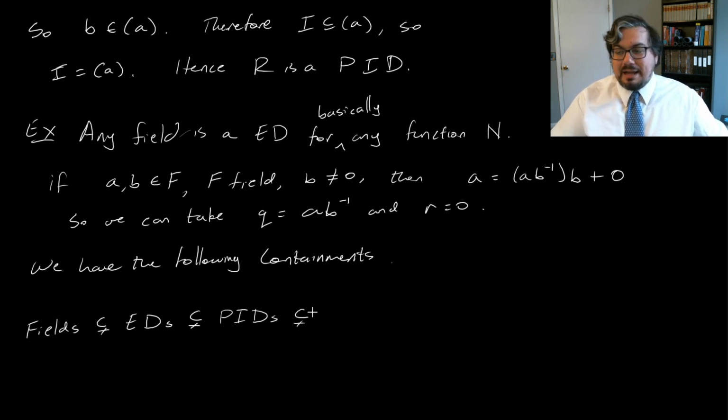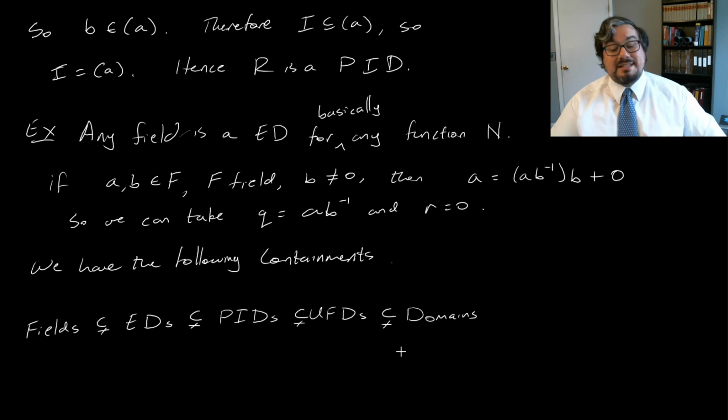Now, every principal ideal domain is a unique factorization domain, but they aren't equal because, for instance, unique factorization domains contain the polynomial rings over the integers. Now, unique factorization domains are, of course, subsets of the set of all domains, but it's a strict subset because there are domains which are not unique factorization domains, such as our ring Z adjoin square root of -7 that we've worked with.